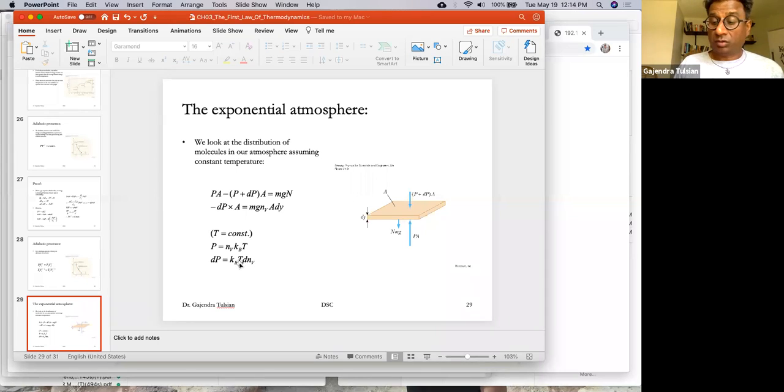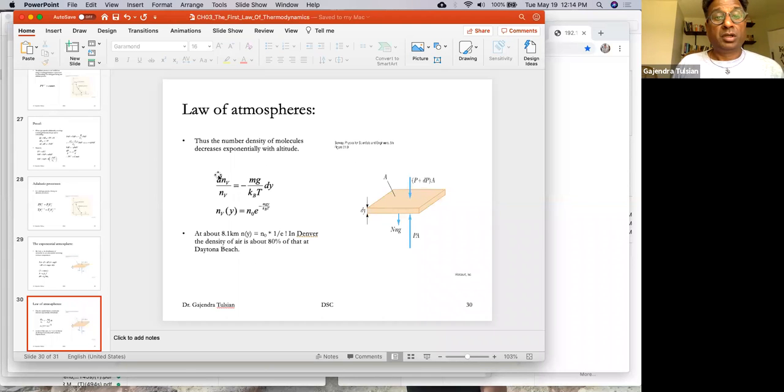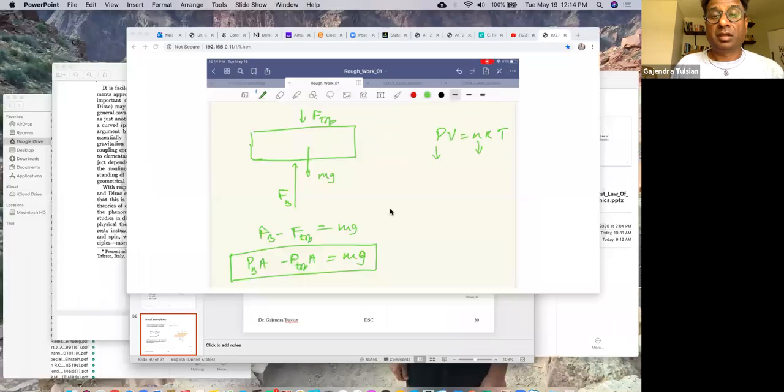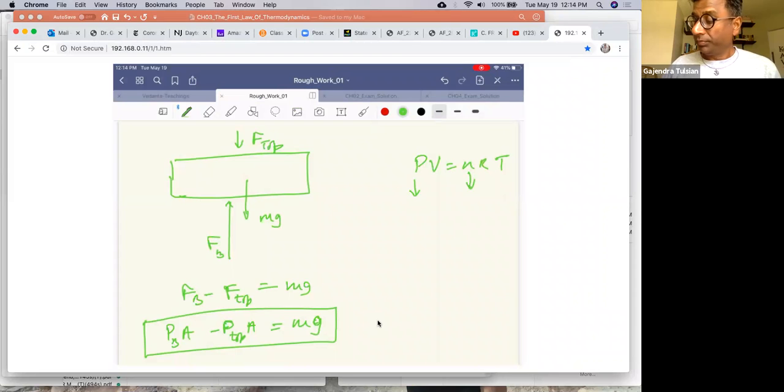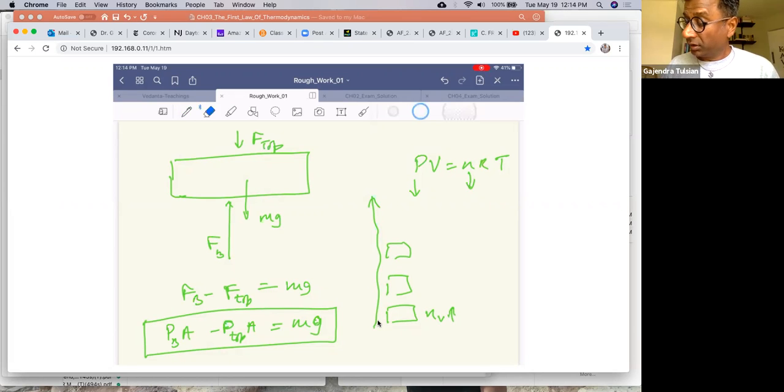Anyway, you can go through the derivation. And so what you find is the number density, like we said, as you go up, the density of molecules decreases. n/V is decreasing.